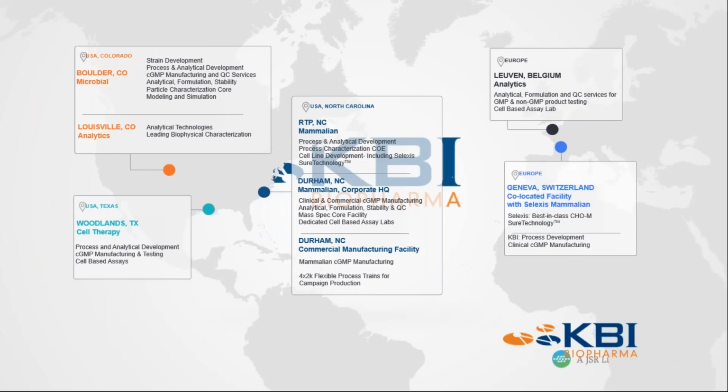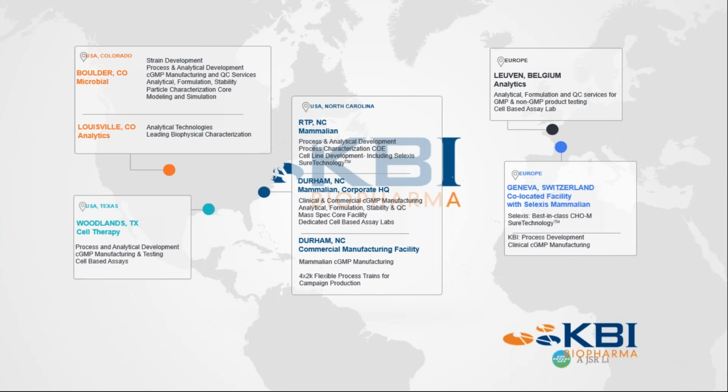A little bit about how we are placed around the globe. KBI Biopharma is headquartered in Durham, North Carolina. This is also our manufacturing facility. Then in Durham also, we have the Research Triangle Park site, which is where our process development and analytical development group operates from.